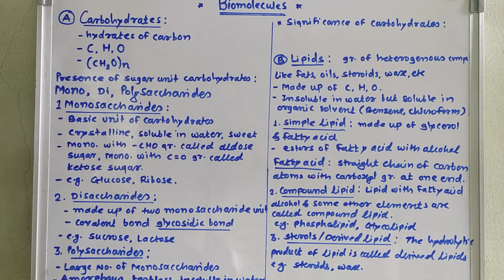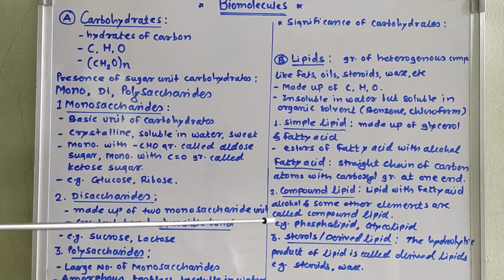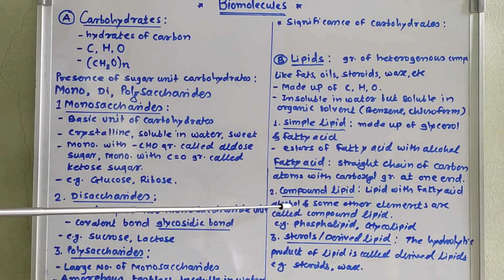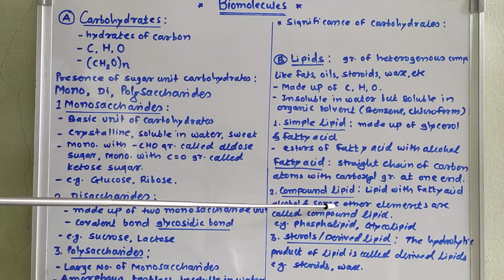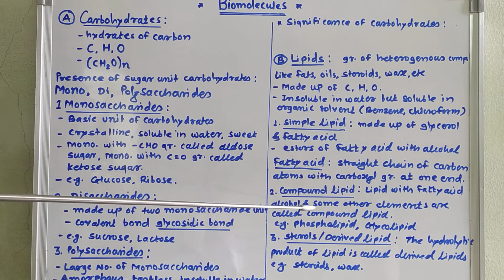Then the second type of lipid is the compound lipid. Again, first we study the definition of compound lipid. The lipids with fatty acid, alcohol and some other elements are called compound lipids.